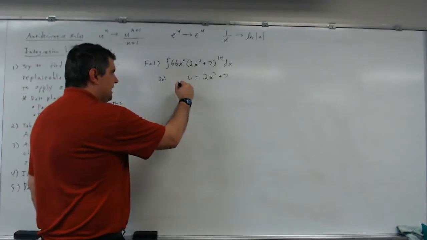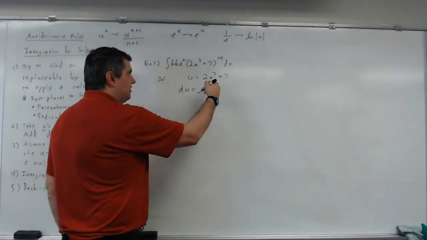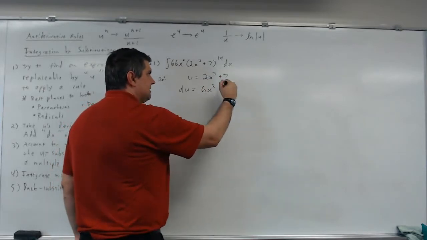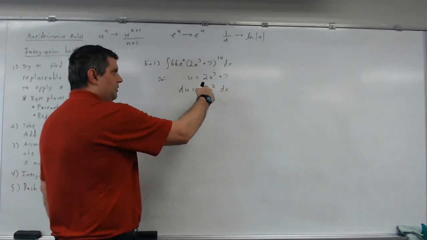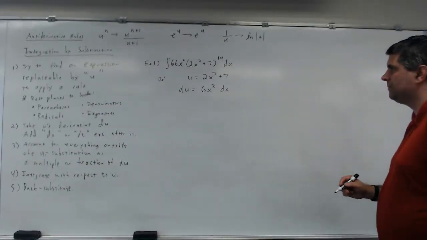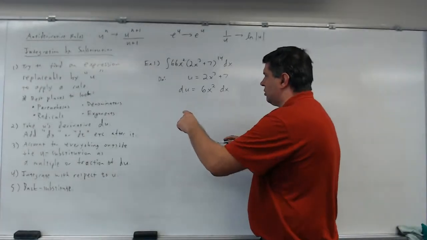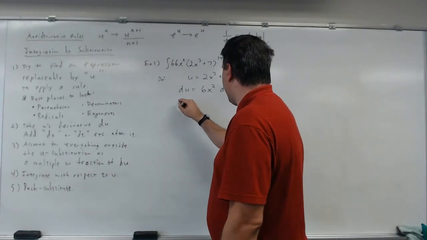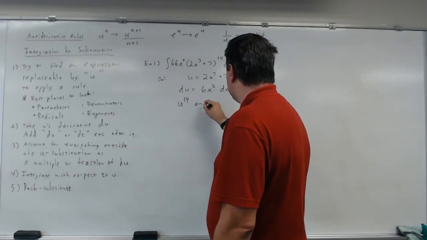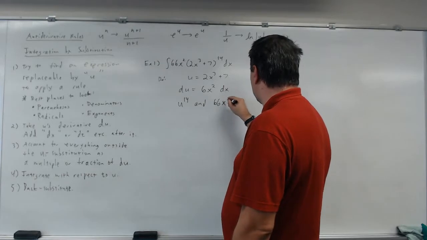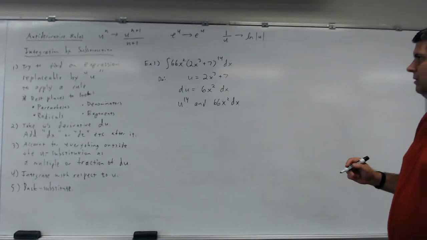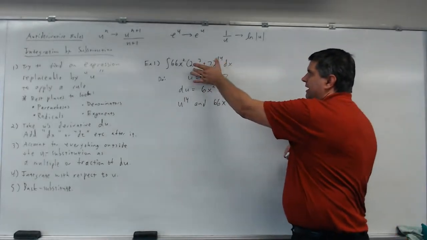Now du would be the derivative, 6x squared, and since it's with respect to x, dx. So here's what I would have: u to the 14th and 66x squared dx. Here's u to the 14th, and here's the rest of it.